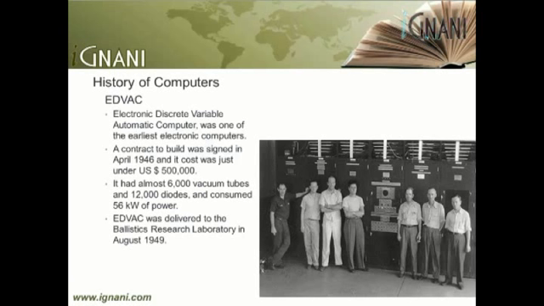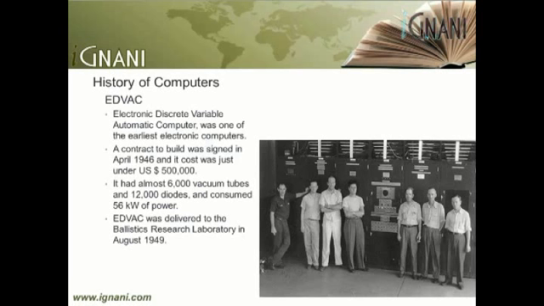Its completion was delayed because of a dispute over patent rights between Eckert and Mauchly and the University of Pennsylvania, resulting in Eckert and Mauchly's resignation and departure to form the Eckert-Mauchly Computer Corporation and taking most of the senior engineers with them. By 1960, EDVAC was running over 20 hours a day with error-free run time, averaging 8 hours.